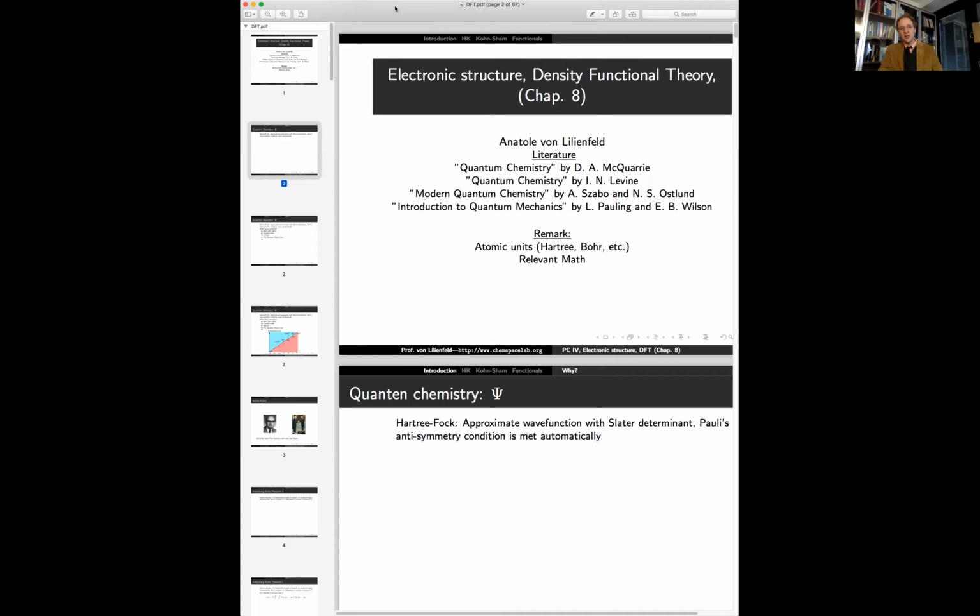The methods listed here are in increasing order of predictive power. This is not something we will talk about now, but it gives you the keywords of methods which go beyond Hartree-Fock. These are known as the post-Hartree-Fock methods.